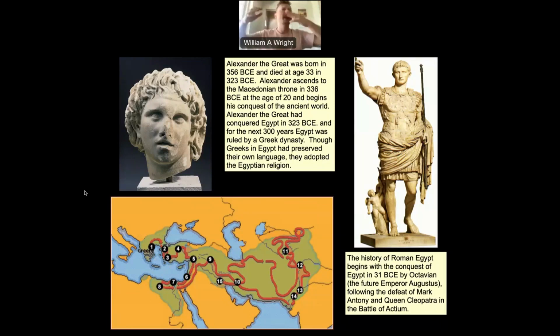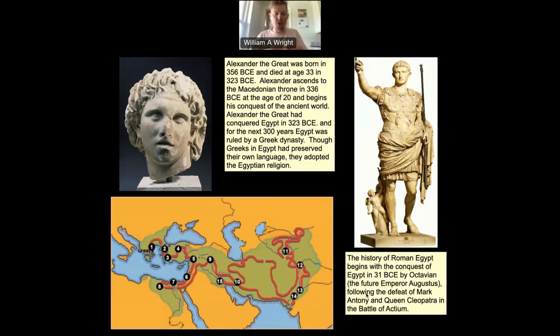This is part of when the Greeks become such a massive powerhouse, because they combine with the prowess of Egypt, and they adopt Egyptian religions, although they preserve the Greek language. And like I said, Macedonia extends all the way eastward. But it's really important that Egypt is such an integral part of Greece, because Egypt then gets absorbed 300 years after Alexander dies.